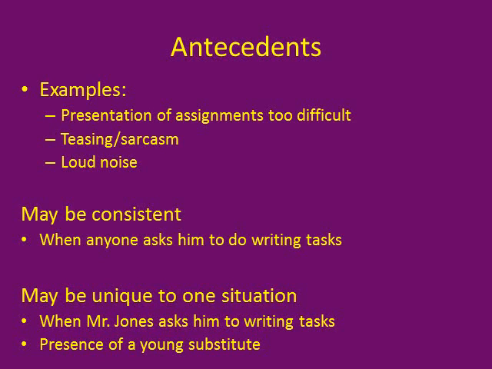So when Mr. Jones asks him to do a writing assignment versus when Mrs. Smith asks him to do a writing assignment. So sometimes these antecedents are tied to a staff person. So for example, another example, the presence of a young substitute. So this for many students is a signal to engage in behaviors, okay?